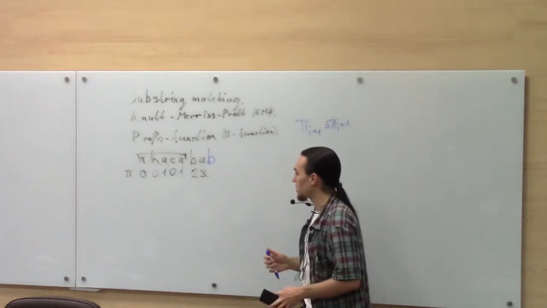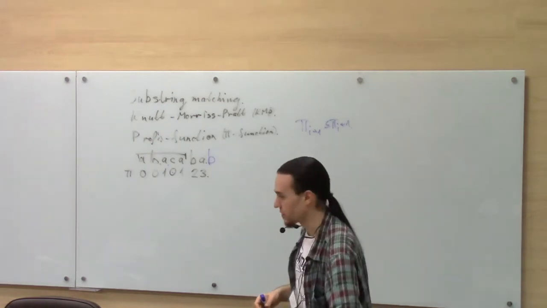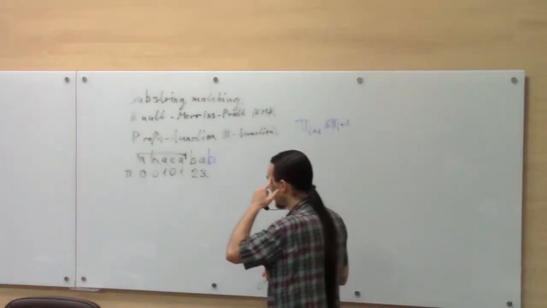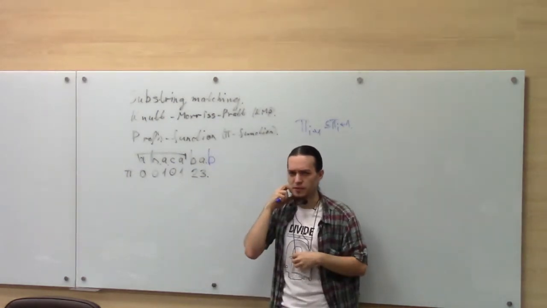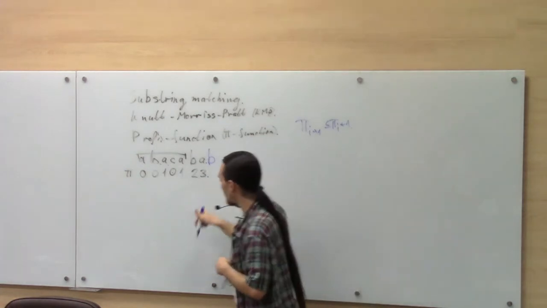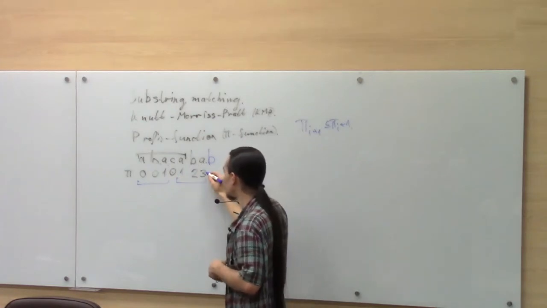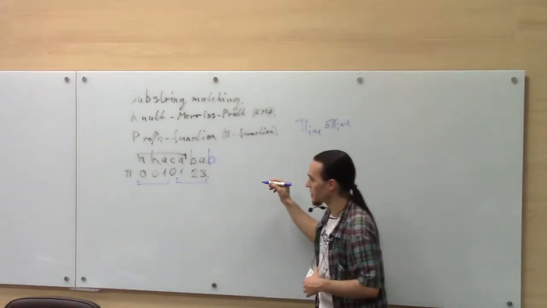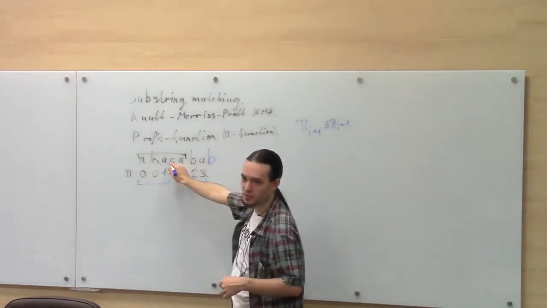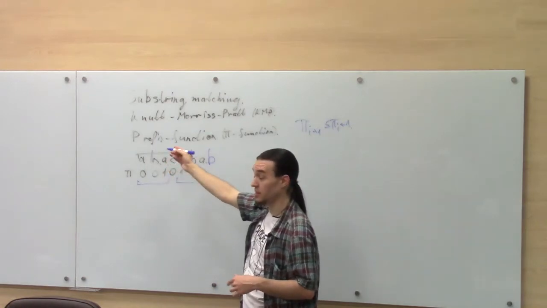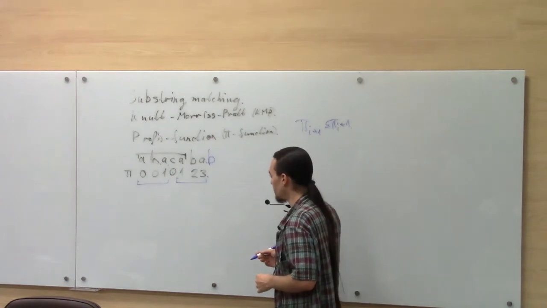How can we logically conclude that? The previous value of the prefix function was 3. To increase it, it only works if this character matches with the next one. But it doesn't, so we have to look for some other options.